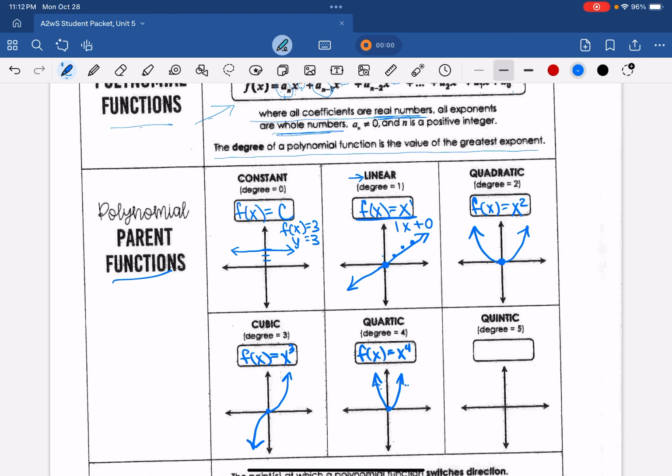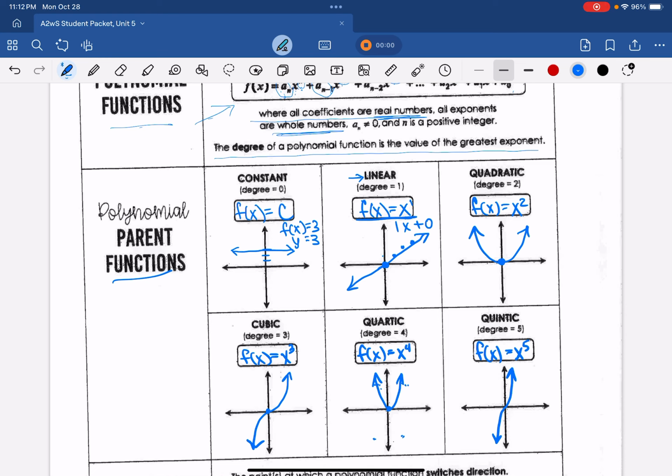They're either both going up or they're both going down. And then the quintic parent function is f of x equals x to the fifth. This looks very similar, has the same characteristics as a cubic, where one arm is opening up and one arm is opening down. It's just a little skinnier than the cubic.